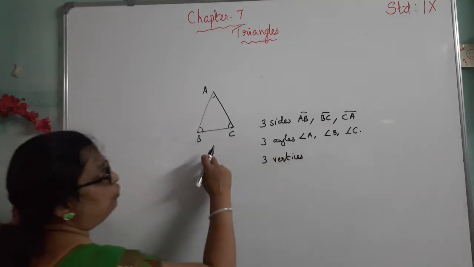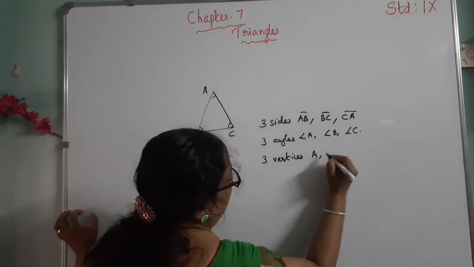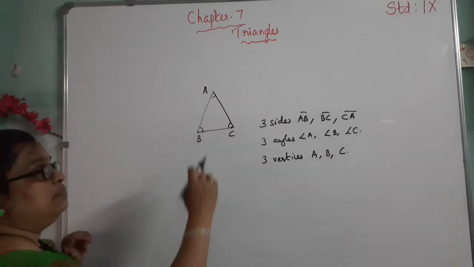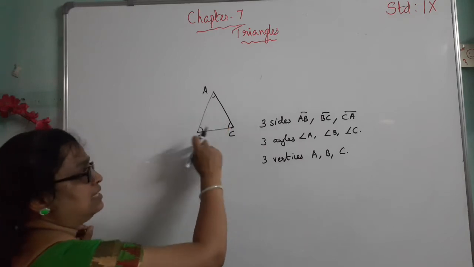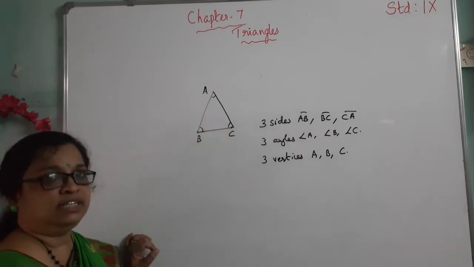Vertices is the plural form of vertex, that are points A, B, C. So we all know that in a triangle 3 sides, 3 angles and 3 vertices are there.